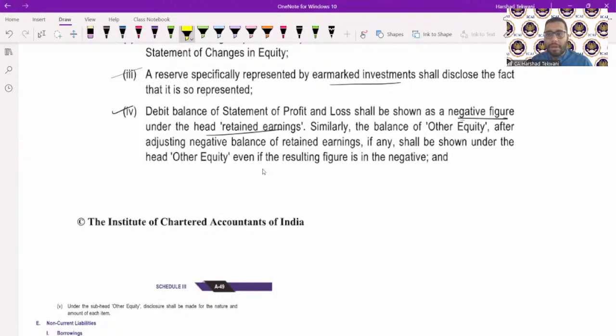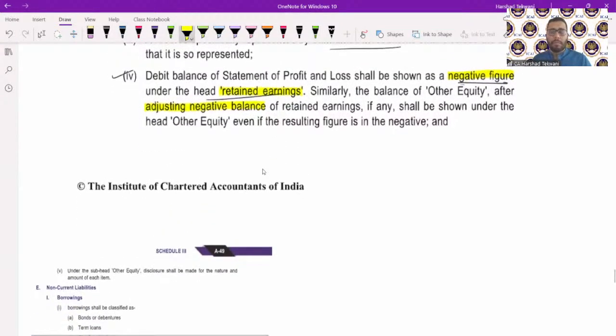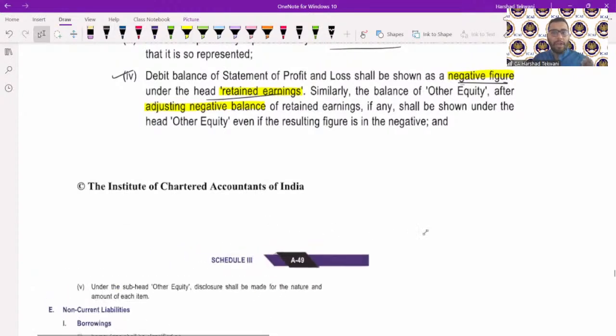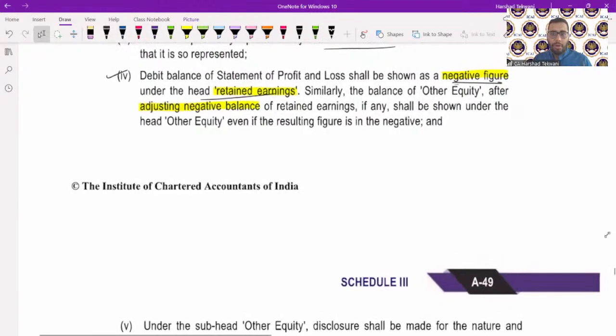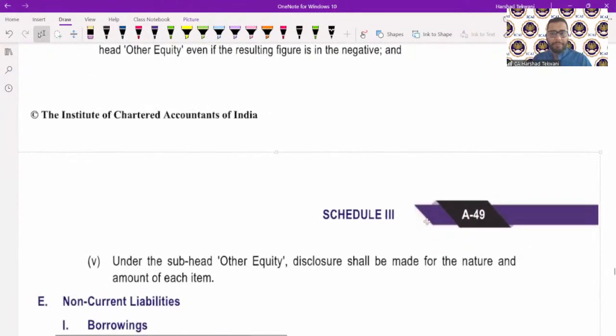Remember, a negative figure under the head of retained earnings. Similarly, the other equity balance will be adjusted by the negative balance, and your debit balance is required to be disclosed as a negative balance under the head of retained earnings.